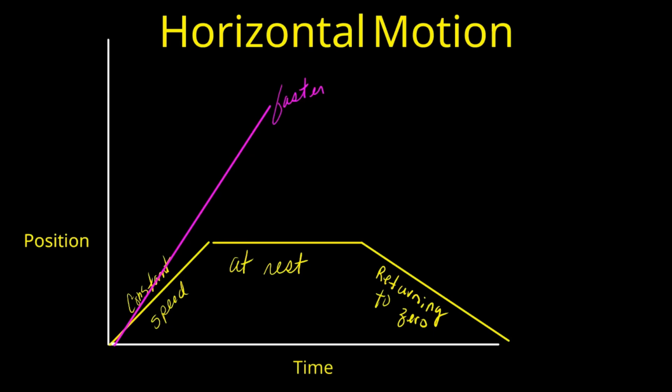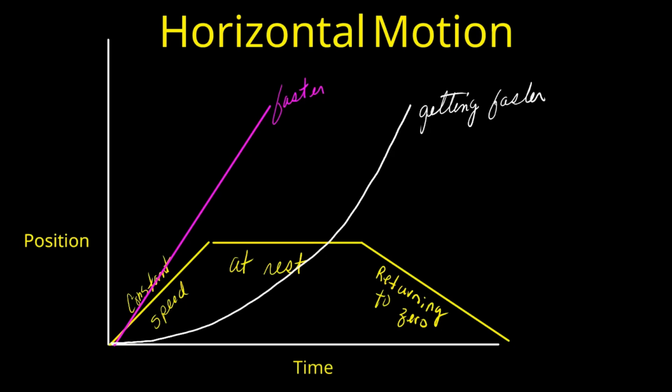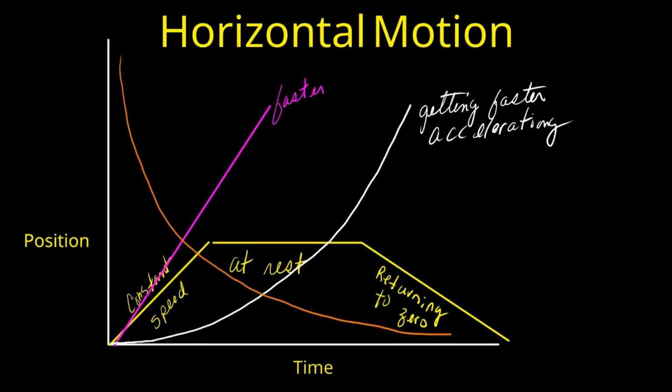If I draw a curved line, that shows that it's getting faster, which means it's accelerating. If I draw a line kind of the opposite direction, something like this, then that will be slowing down or decelerating.